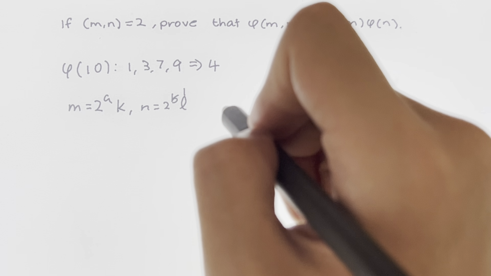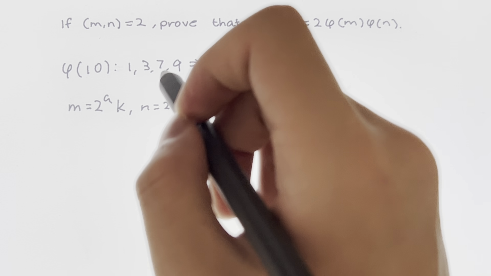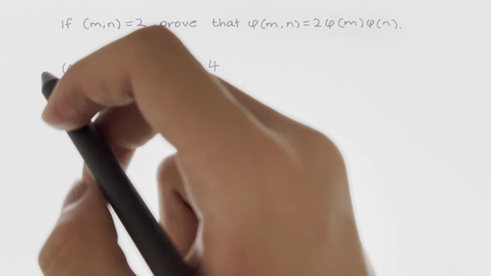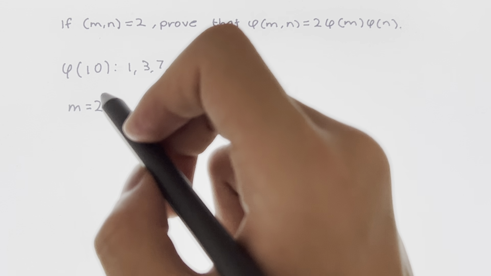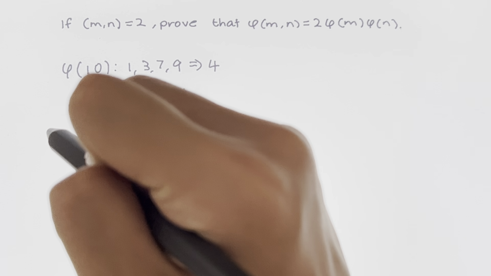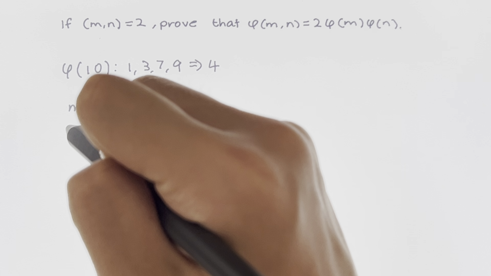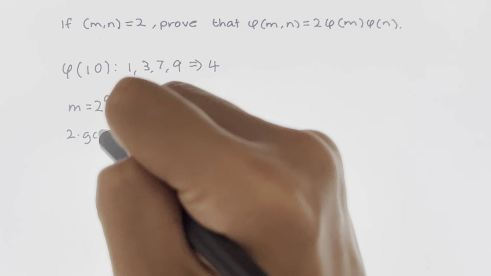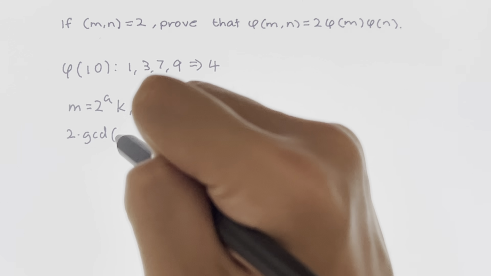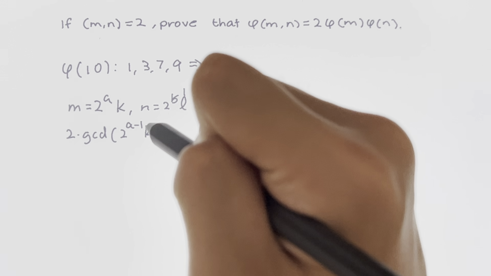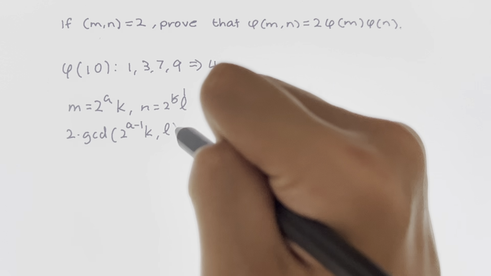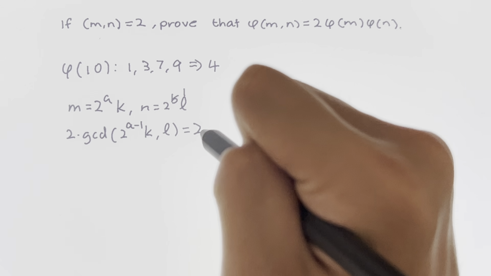And then m equals 2 to the power of a times k, where a is greater than or equal to 1. From the GCD of 2 to the power of a times k and 2l equals 2, we have 2 times GCD of 2 to the power of a minus 1 times k, and l equals 2.